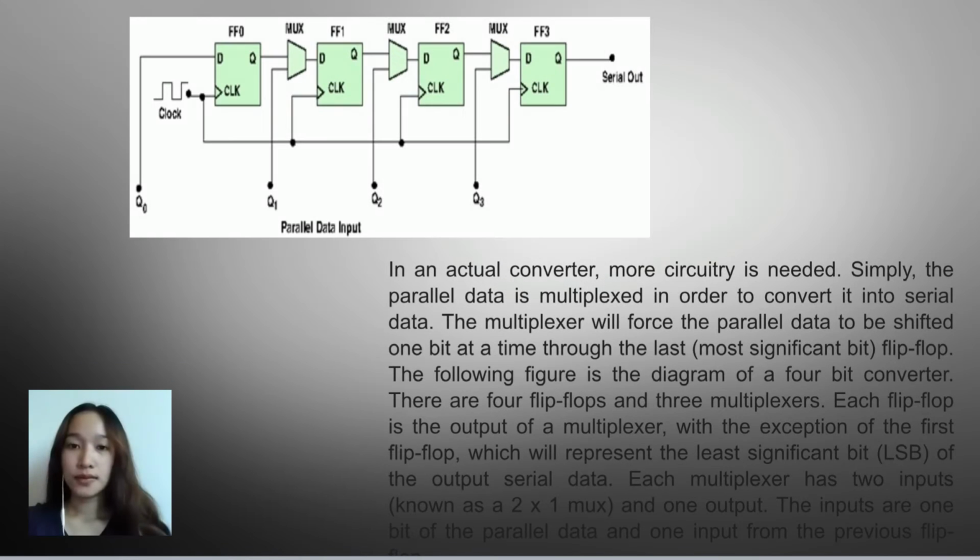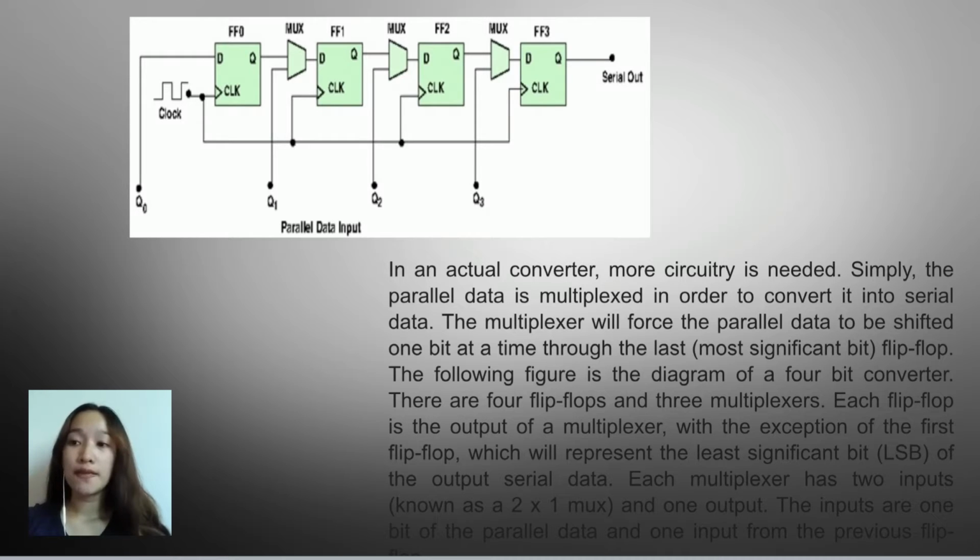In an actual converter, more circuitry is needed. Simply, the parallel data is multiplexed in order to convert it into serial data. The multiplexer will force the parallel data to be shifted one bit at a time through the last flip-flop. The following figure is a diagram of a 4-bit converter.